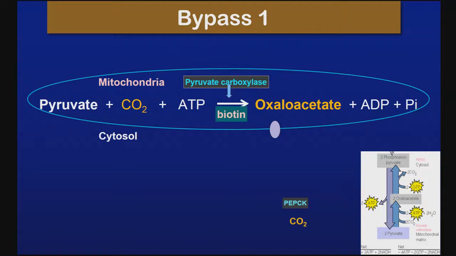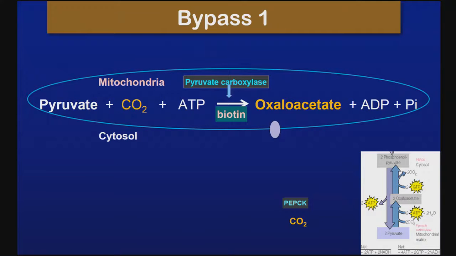You remember oxaloacetate, which is an intermediate in the Krebs cycle? So when you add the CO2 to pyruvate, right there you have your oxaloacetate. But the CO2 has to be activated in the presence of ATP because it's kind of inert. So once you have the ATP, that will activate the CO2 in order to interact with the pyruvate, and then you have your oxaloacetate.